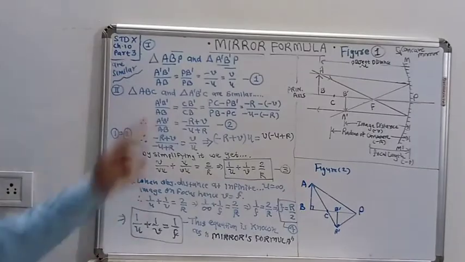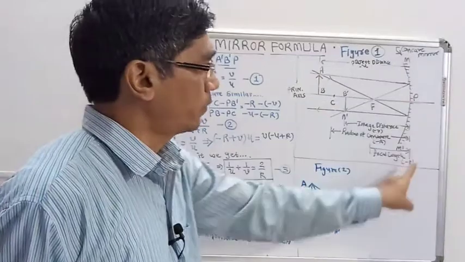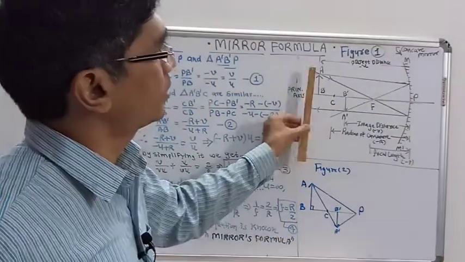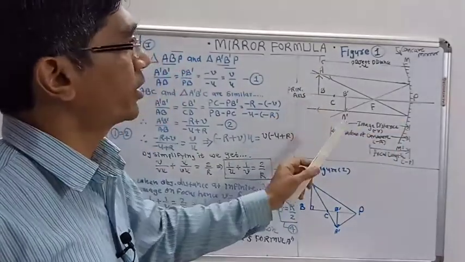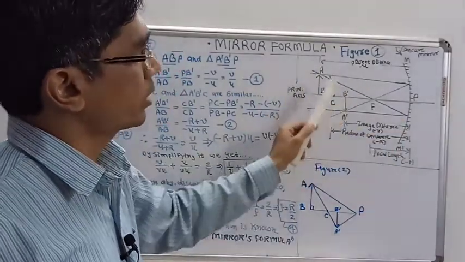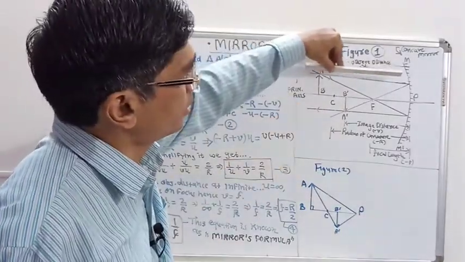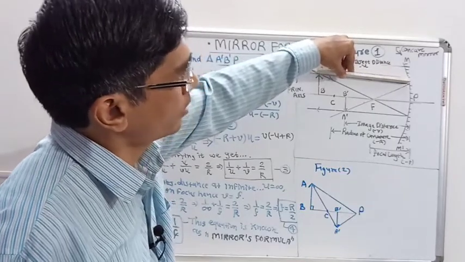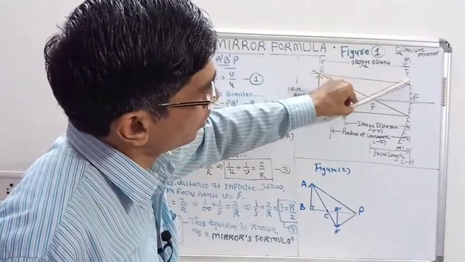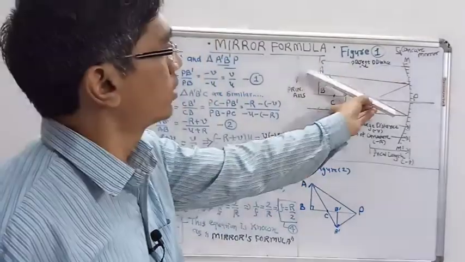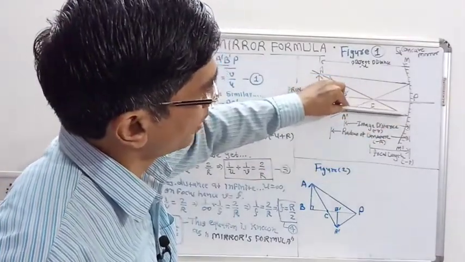Now we are taking the mirror formula. Here the concave mirror is given and the object AB is kept here. PB is the object distance, taken as minus u as per the sign convention. The first ray, incident on the mirror from the object, is reflected and passes through F. The second ray passes through F, and after reflection becomes parallel.